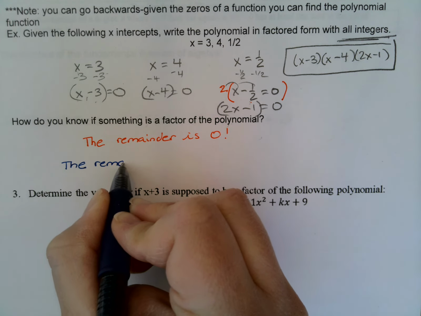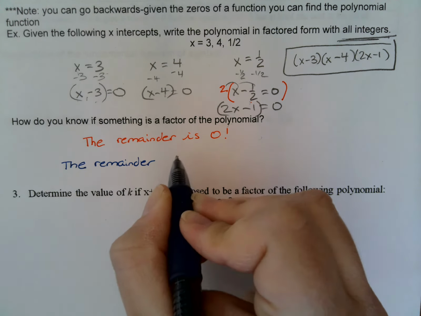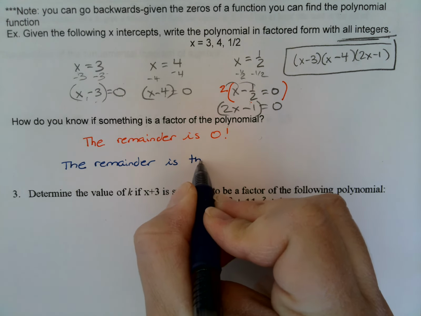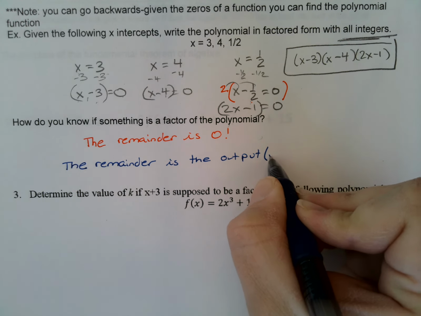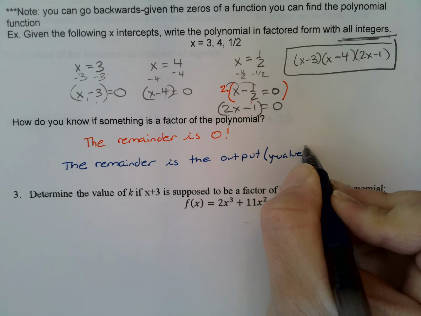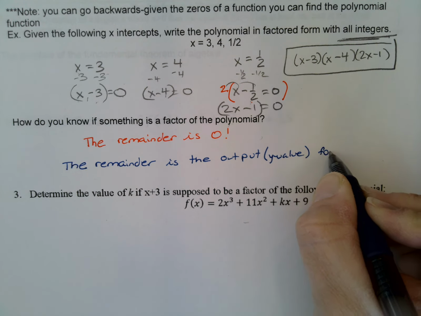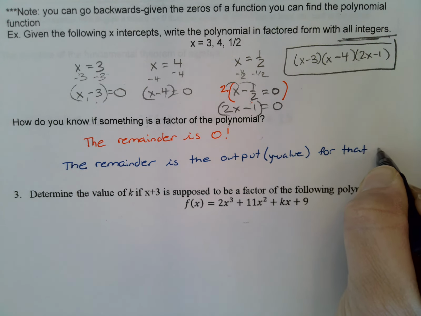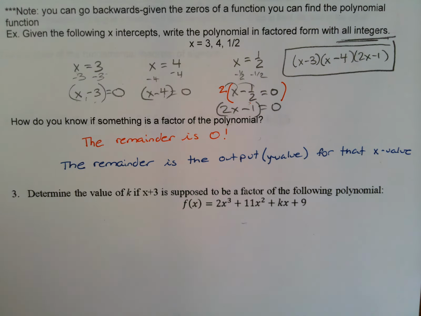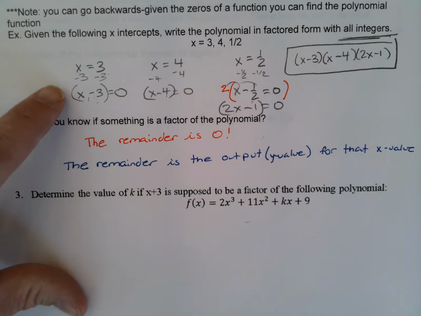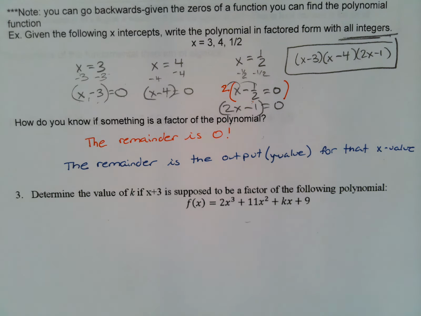The remainder is the output, or the y value, for that x value. Okay, so the remainder is 0 if you know something's a factor. The remainder is that output, it's that y value for that x.